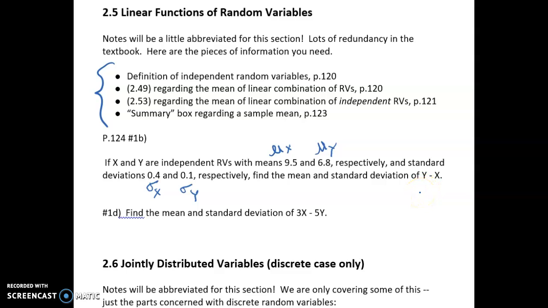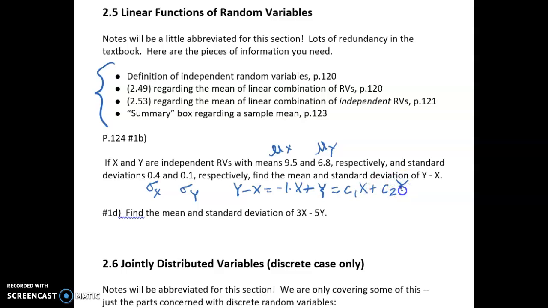All right, so notice that's these 2 things, 2.49 and 2.53. What I want to do is look at this Y minus X and write it as a linear combination. Y minus X is really -1 times X plus 1 times Y. The linear combination formula they give you has a c1 times x1 and a c2 times x2.